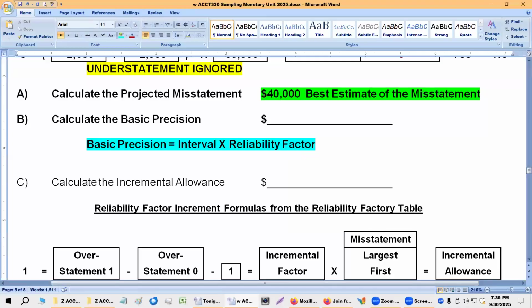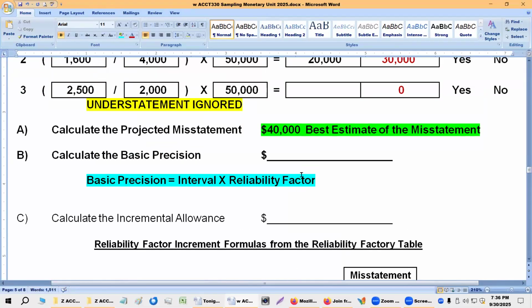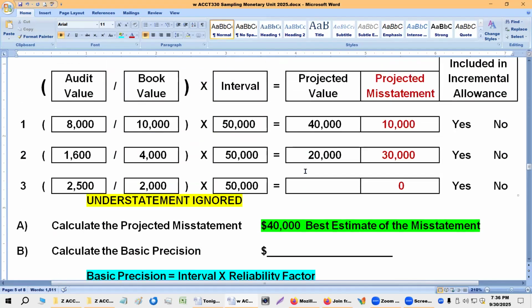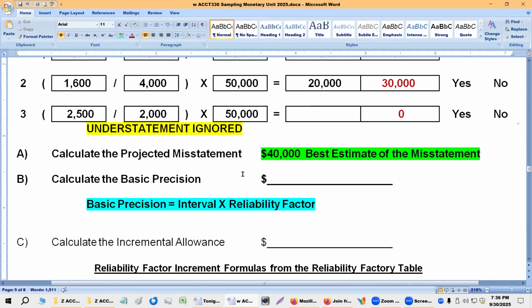Okay, so the interval is how much? Anyone? 50,000. Yep. So the interval, 50,000, times our reliability factor.